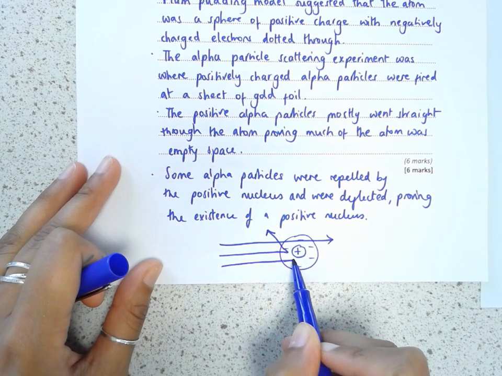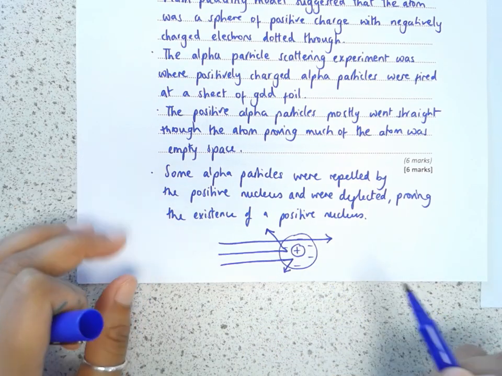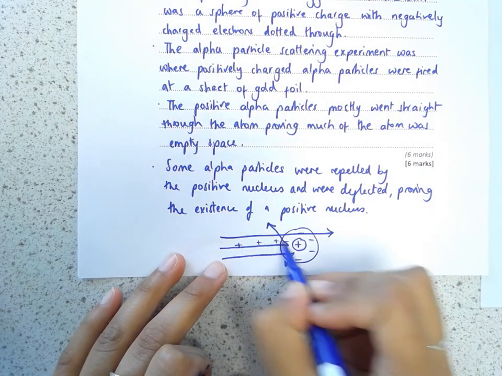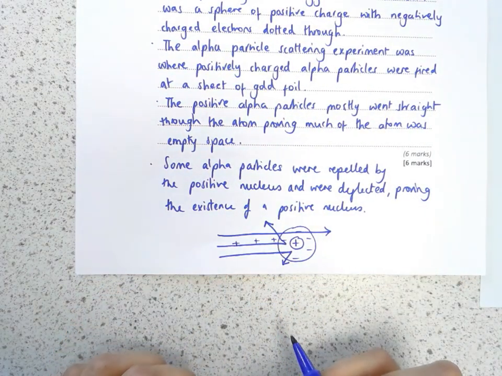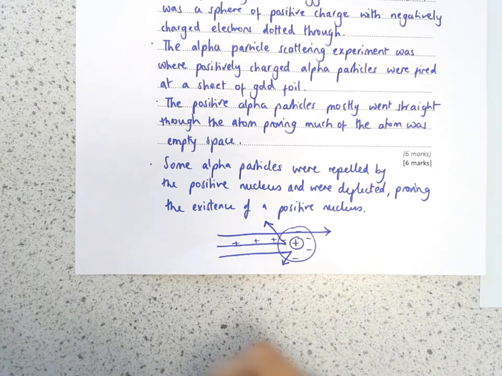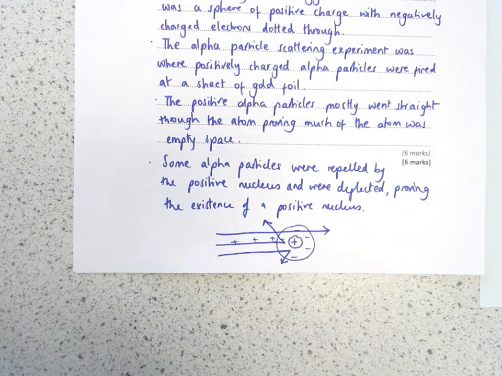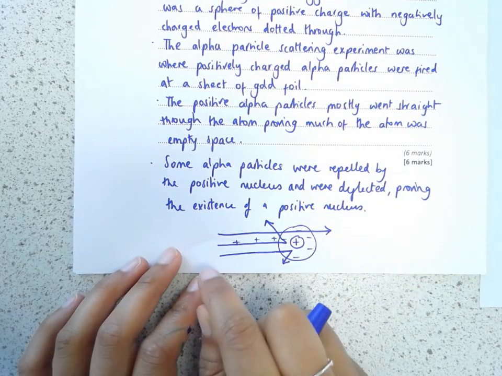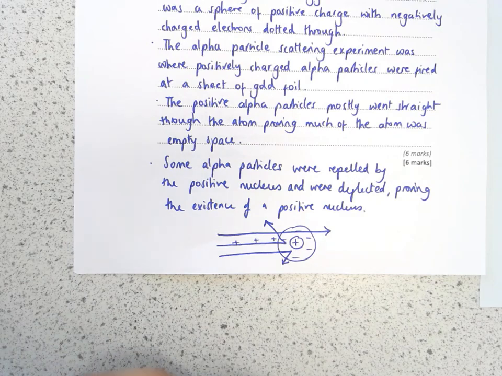Some of them bounced off the nucleus, and they were repelled by the nucleus because alpha particles were positive and the nucleus was positive, so they deflected from the nucleus. That proved that there was a nucleus in the center that was positively charged, and that the rest of the atom, where all the alpha particles went straight through, was actually empty space.